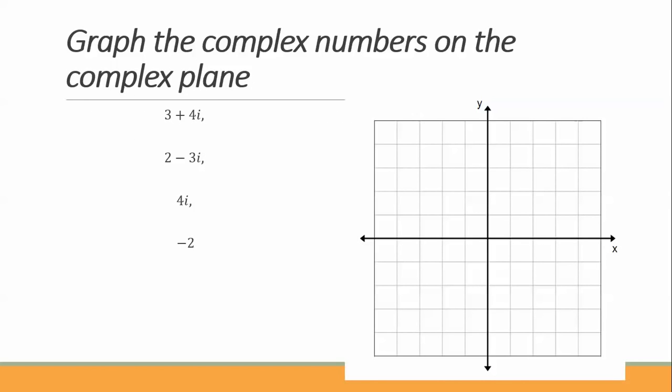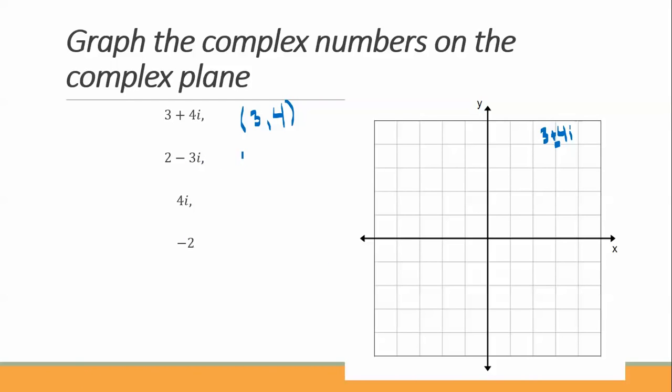So if we have 3 plus 4i, if we want to plot it, that's the same as 3, 4 if we're plotting it on the coordinate plane. So 3 plus 4i is 1, 2, 3 over and 1, 2, 3, 4 up. So this is 3 plus 4i.